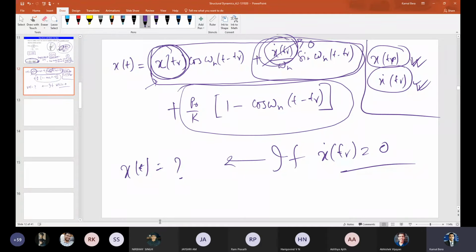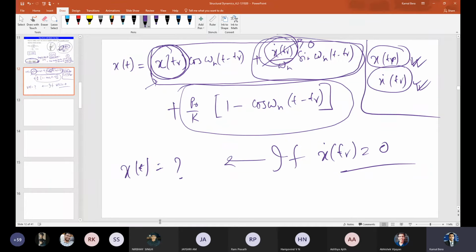Understood what I am telling you to do? Any doubt here? Anybody? Please speak out if you have. We are saying that at TR by Tn equal to 1 or TR by Tn equal to 2, x dot TR equal to 0. That you can prove, and that is very simple. I am going to come to that next. So let us say x dot TR equal to 0. Then is it true?